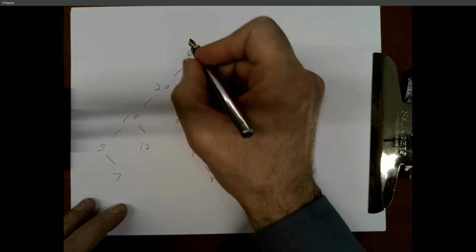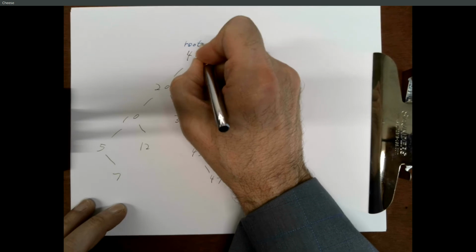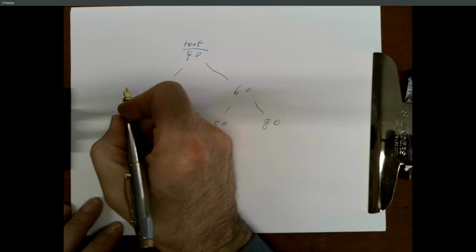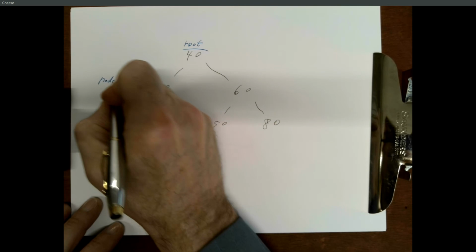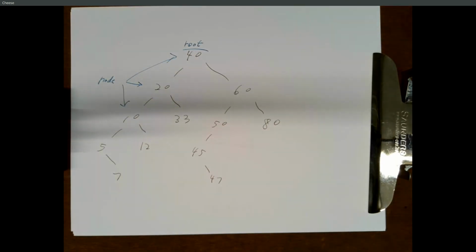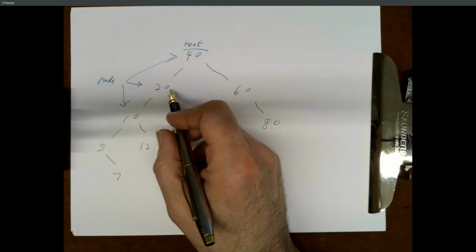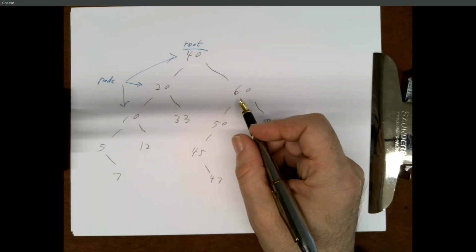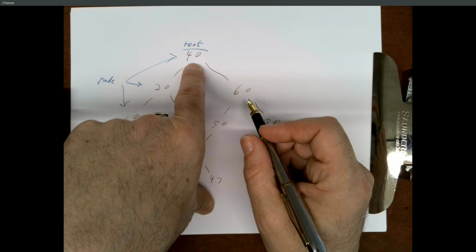So this node on the top, we call that the root. When a node, and we call these things nodes, right? They'll be like struct nodes in C. So when a node points to another node, the thing it points to we can consider to be a child of the thing that points to it.